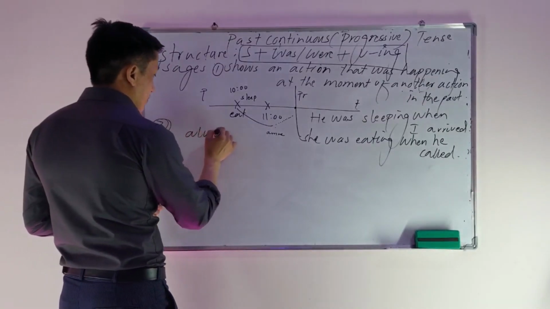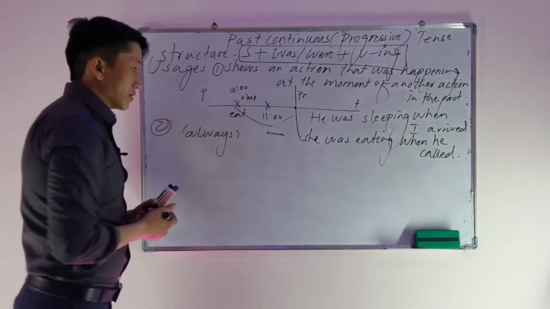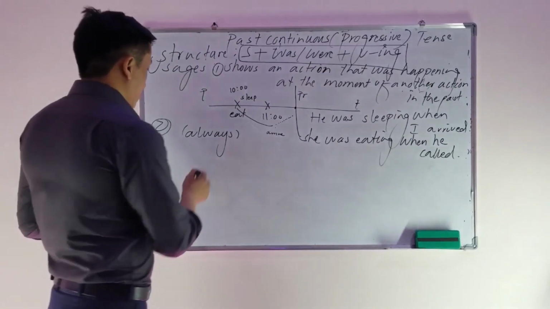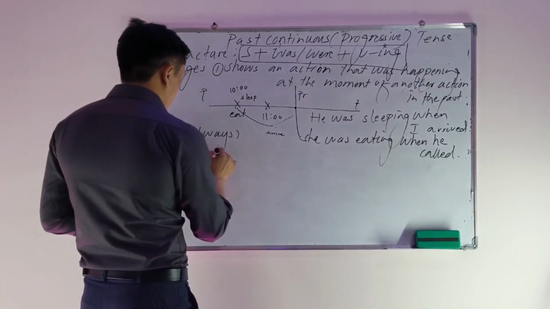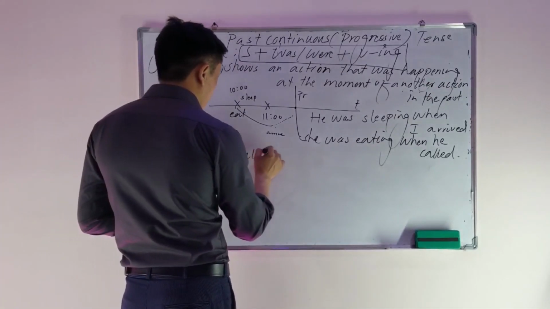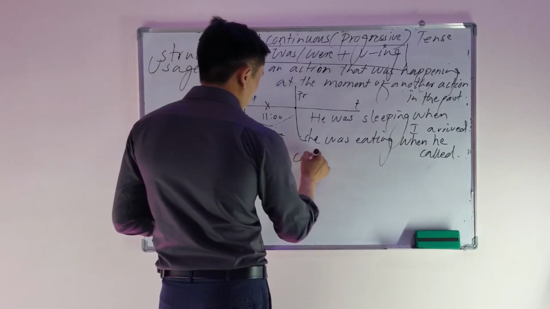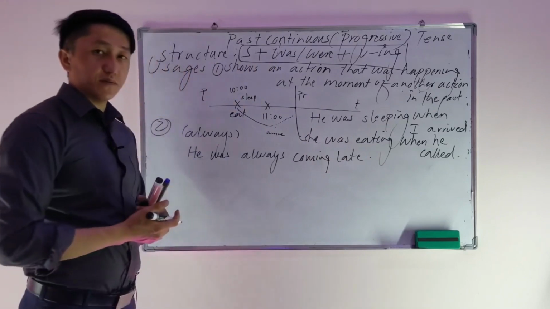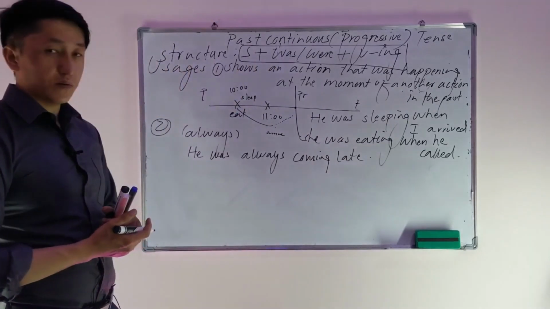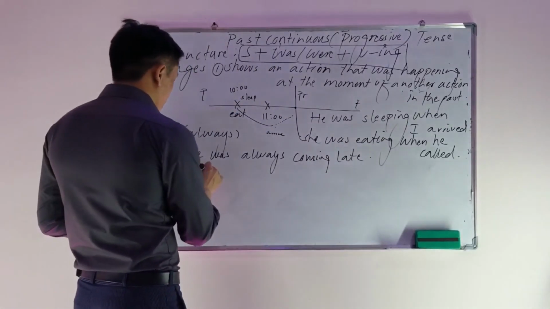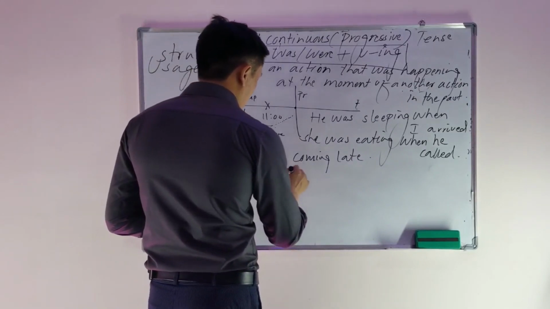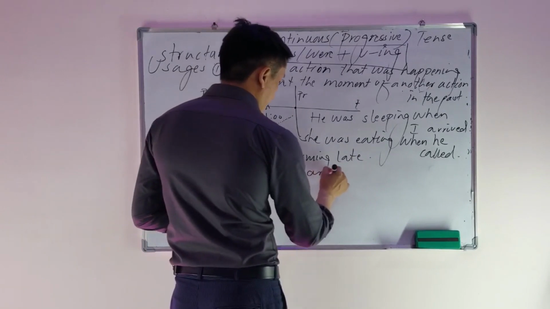always. When something was happening mostly in the past, we can also use always. For example, we can say he was always coming late. If this action was happening in the past, we can say he was always coming late, or we can say she was always arguing.